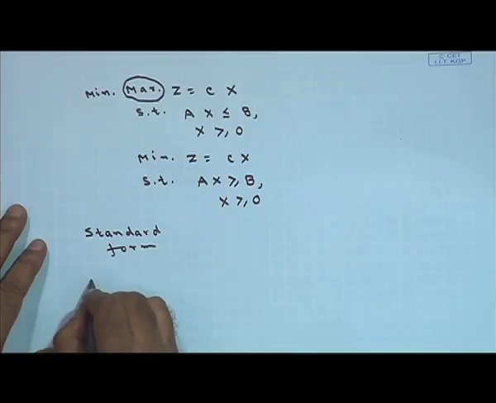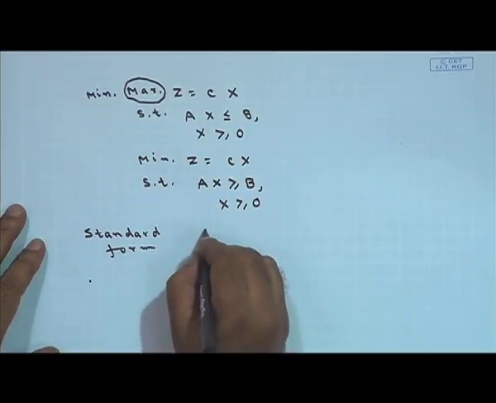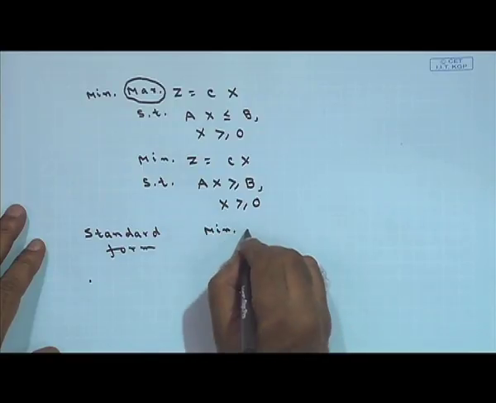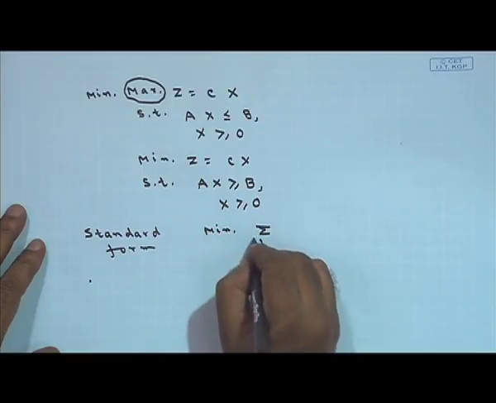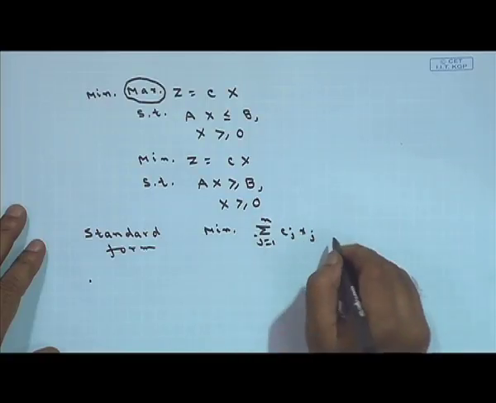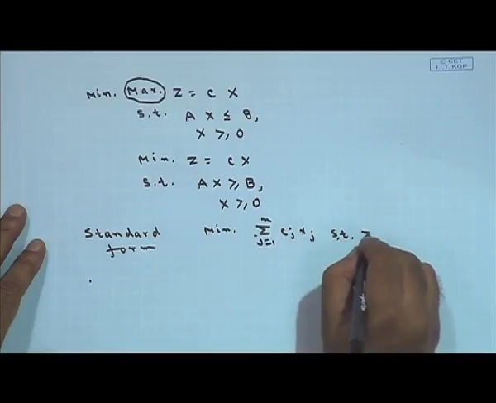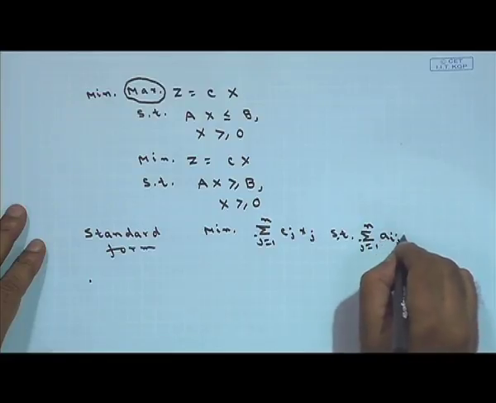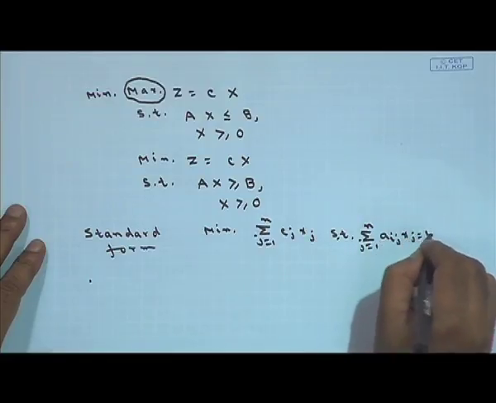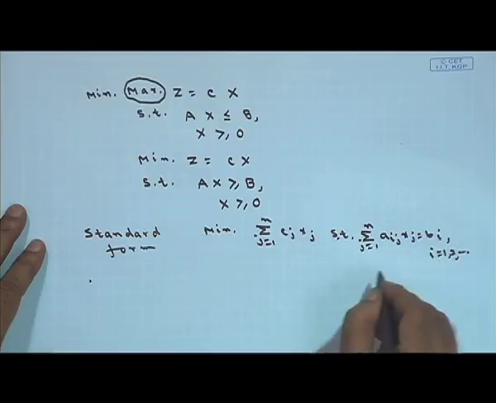In standard form, I am writing minimize summation j equals 1 to n Cj xj, subject to summation j equals 1 to n Aij xj equals Bi, and xj greater than equals 0.